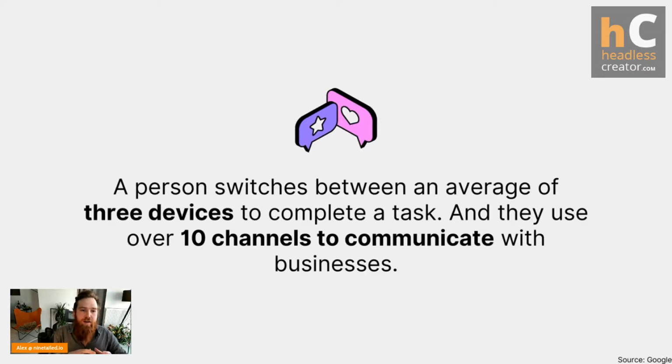Today, a person achieving a task, like buying anything, normally uses up to 3 devices, like your tablet, your laptop, your phone, and they use 10 different channels to communicate with your business. This can be your website, Facebook, Instagram, a messenger, emails, and so on.